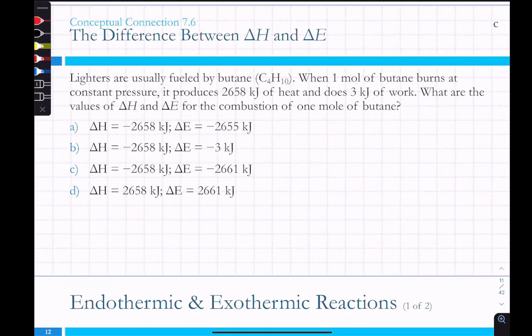So how is delta H different from delta E? Delta E is the total energy. Yeah, delta H is just the heat exchange. So we can eliminate some of these. What can we eliminate?